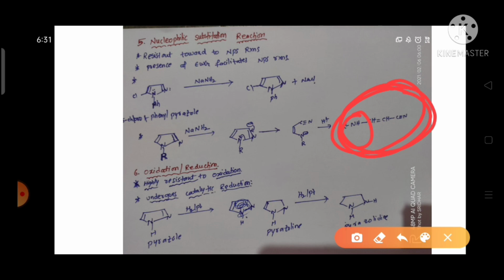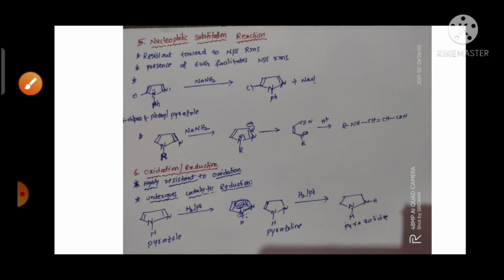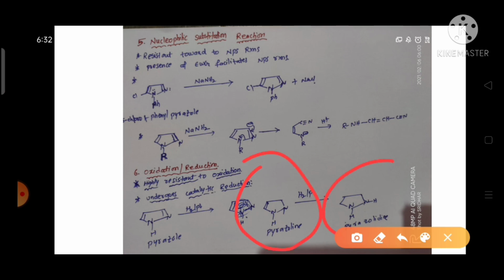So the ring opening takes place, and now we go for oxidation. Actually pyrazole is very resistant to oxidation, but it easily undergoes reduction in the presence of a catalyst. Reduction takes place in two steps. In the first step we get pyrazoline, and in the next step we get pyrazolidine. Pyrazolidine is the completely reduced form of pyrazole.